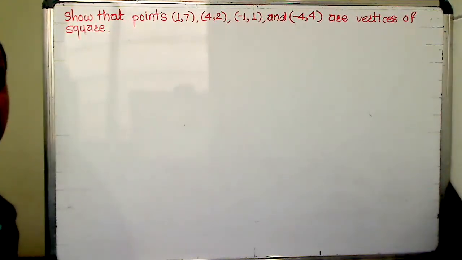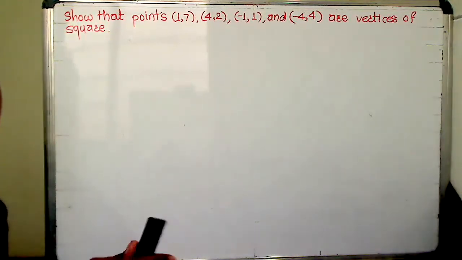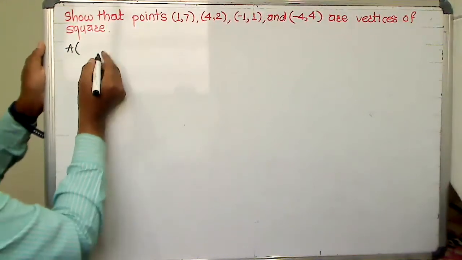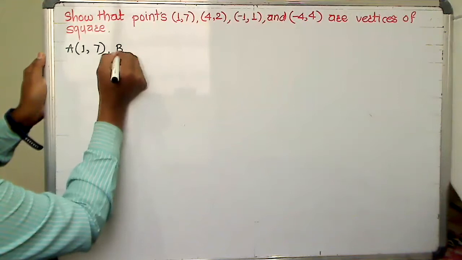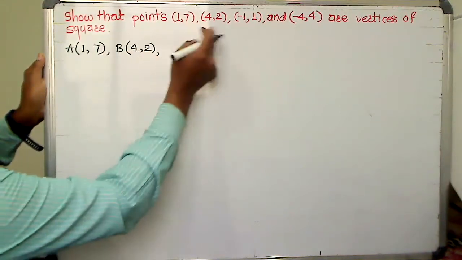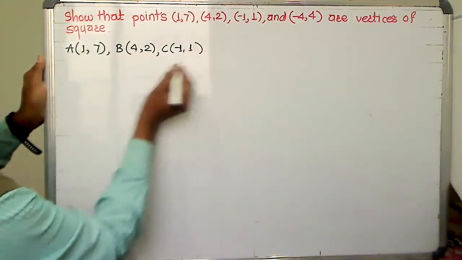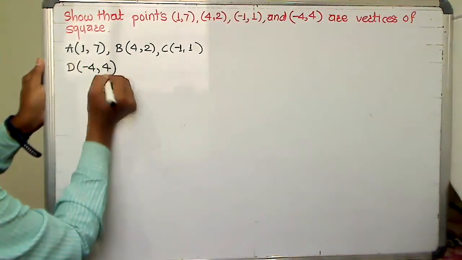To understand it better, we are going to suppose these points as point A as (1, 7), point B as (4, 2), point C as (-1, 1), and point D as (-4, 4).